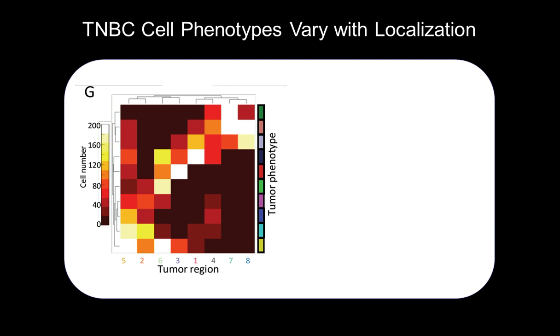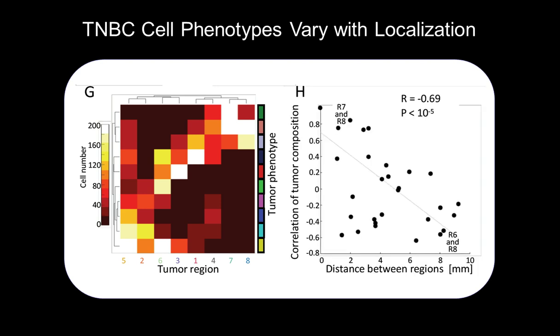And you can see again that there seems to be a spatial similarity as well, to the point where if we plot the distance between tumor cells across this whole image versus the correlation between composition, there's an inverse relationship, implicating that essentially the further the tumor cells are apart from one another physically in the tissue, the less similar they are.